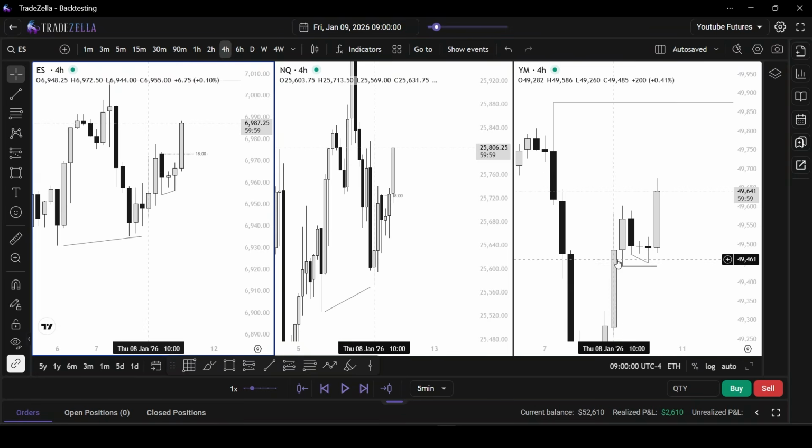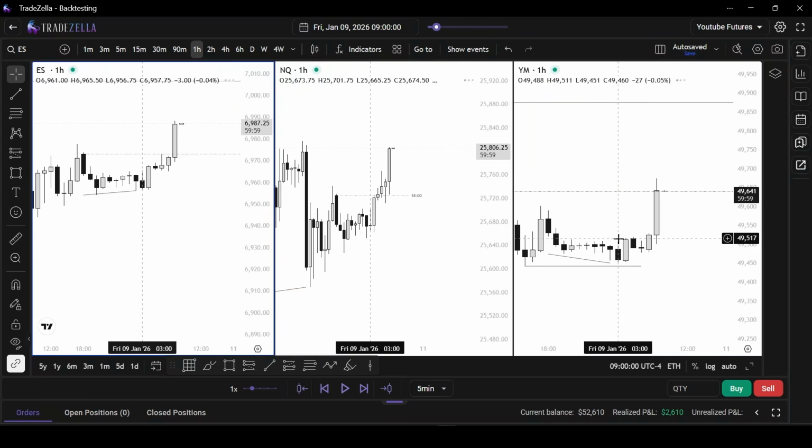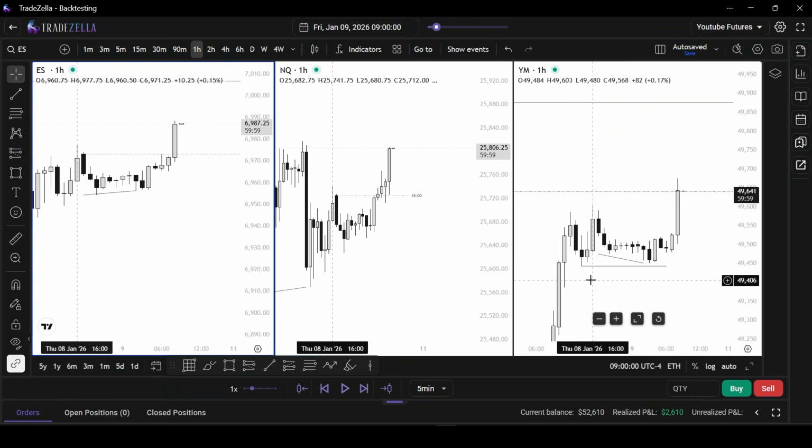The only thing I don't like about this day is we did not trade into this fair value gap. Let's take a look at it on the 1 hour time frame to see if there is any reason why price did not get to that fair value gap. There's literally no reason, to be honest. I don't see any here.